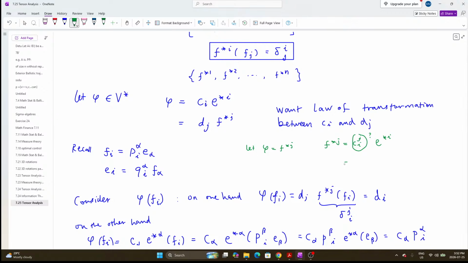This should equal Kronecker delta, j, f star i, right? Just swapping index. So I want C.